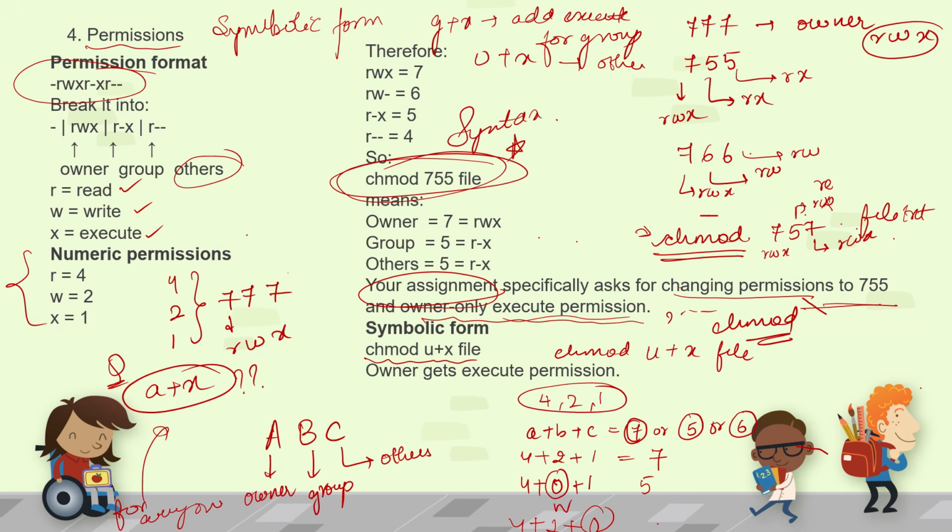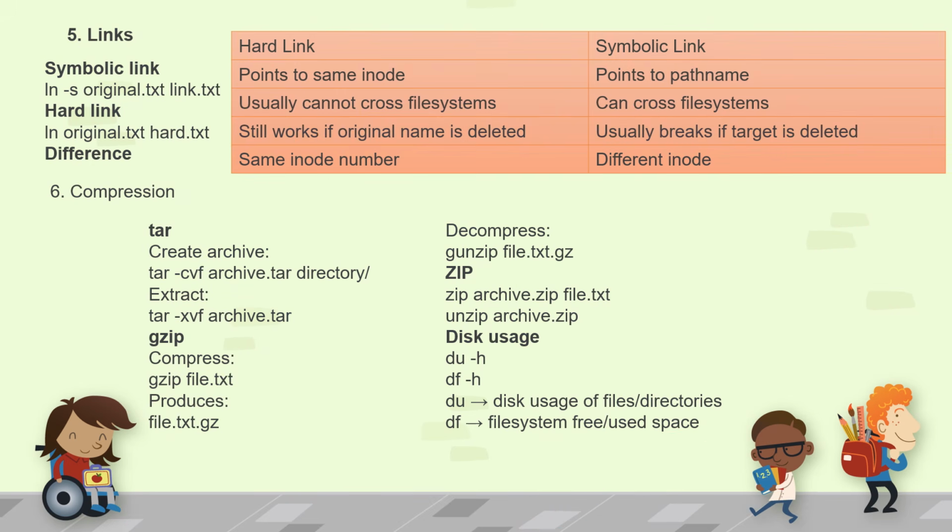Now let's move on to the next slide. Links. One is your symbolic link, one is your hard link. So let's understand the difference first. A hard link points to the same inode, whereas a symbolic link points to a path name.